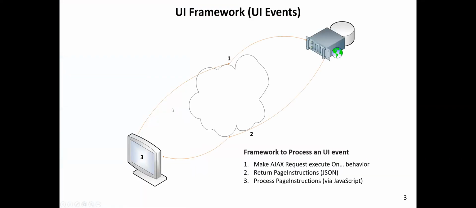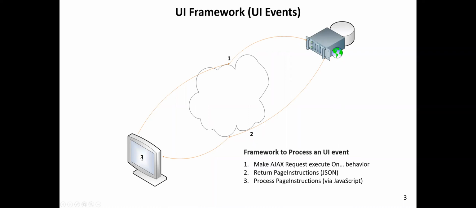So what page instructions are is how you update the browser from the server side when a UI event happens. When you click a button, the click sends the information, maybe submits a form back to the application on the server.